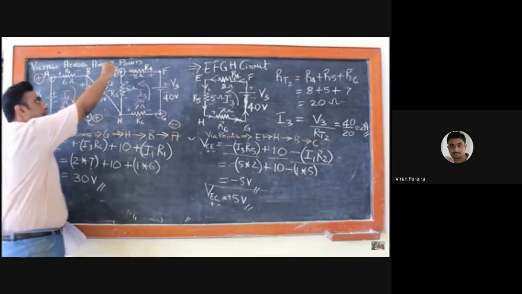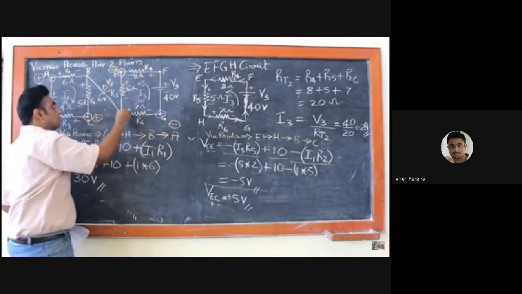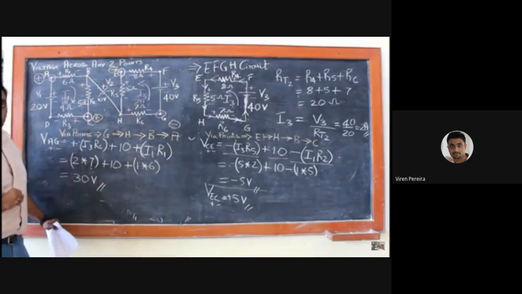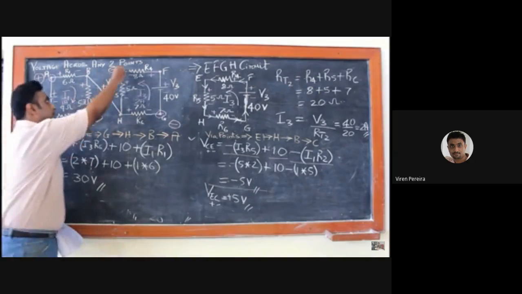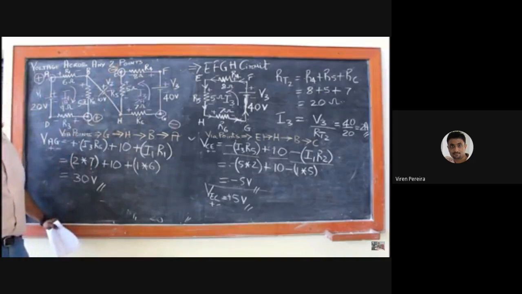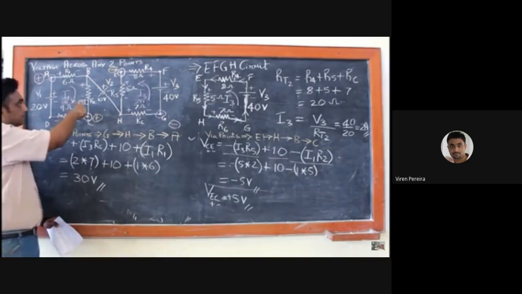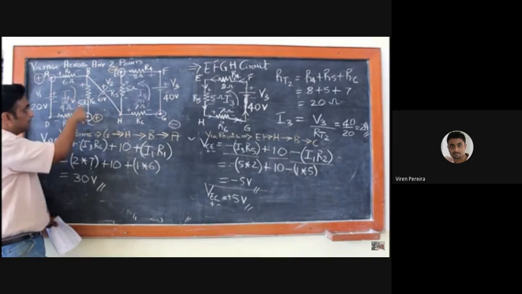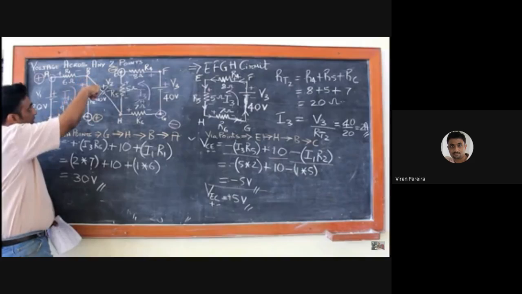So you can either start off from negative, go through the points, and then go to positive, or you can start off from positive and go to negative. Only what you have to remember is the first terminal in such is your first point. So if I'm starting from positive, this is the first terminal of my component. So positive into negative will give me negative. Again, I will show the second component, which is my voltage source.